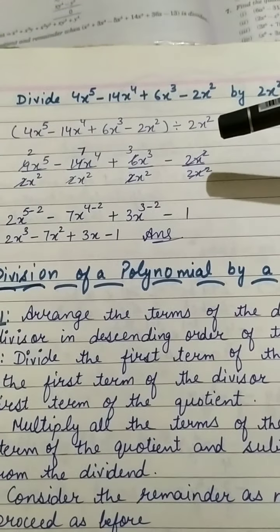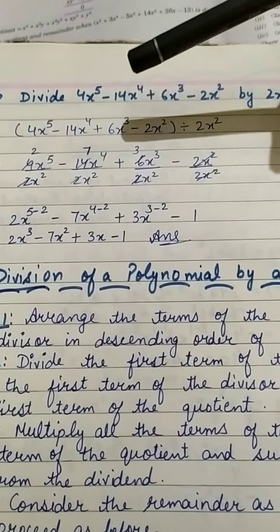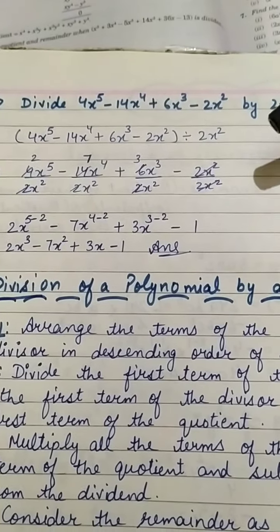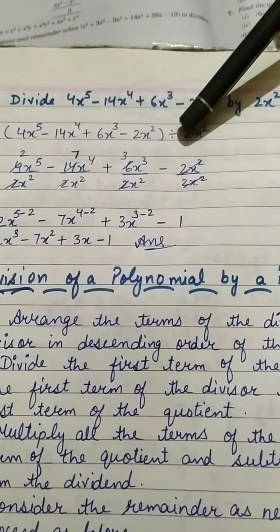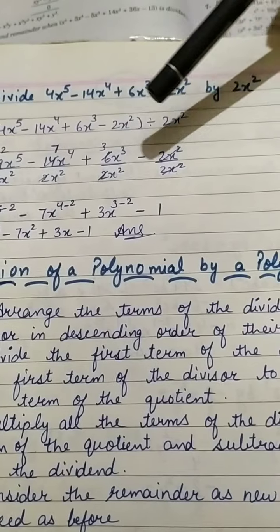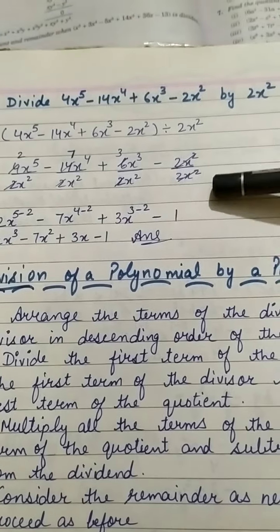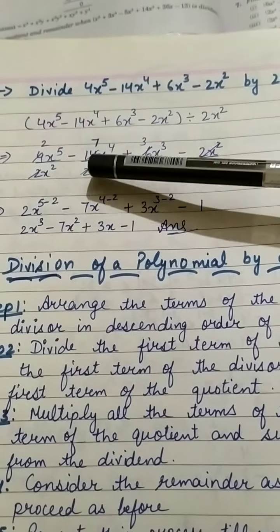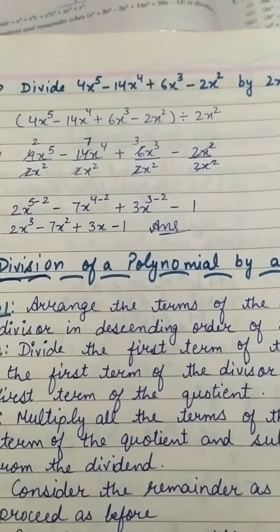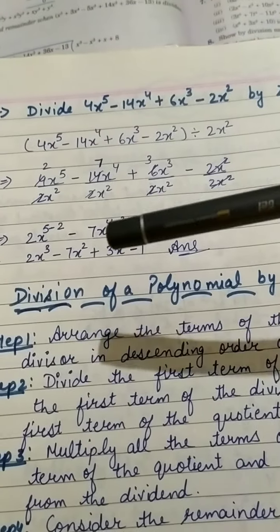So we will write this separately, means we have to divide this by this, this by this, and this by this. So we have to write them separately. So 4x raised to the power 5 upon 2x square.